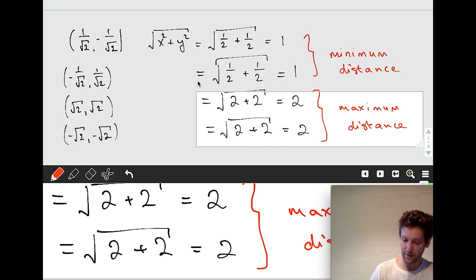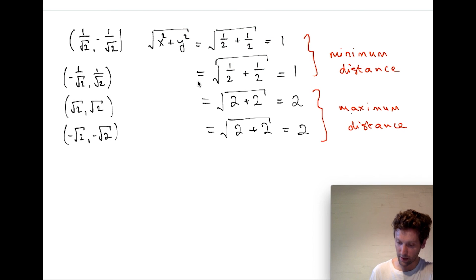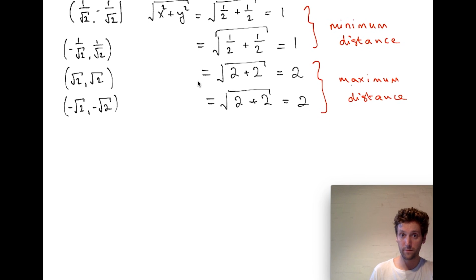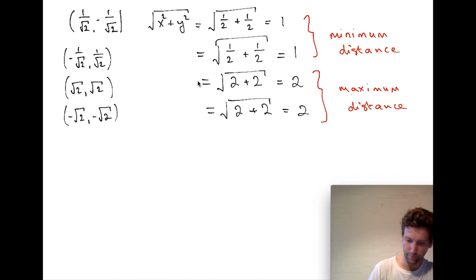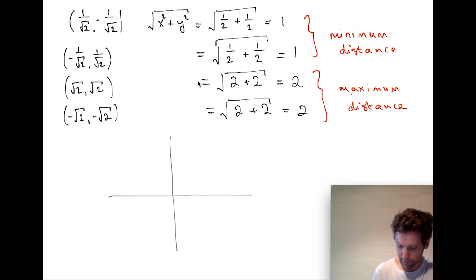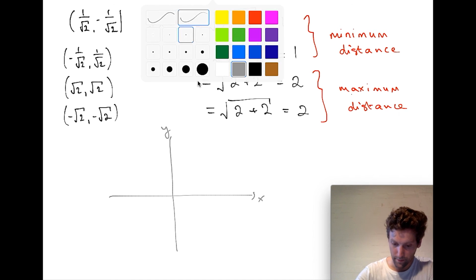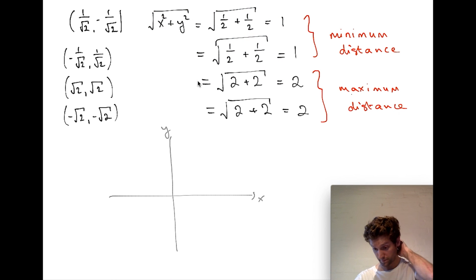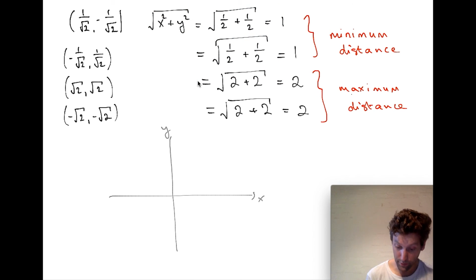So we can represent this now in our xy plane, draw a picture of what this actually looks like. So we've got x and y axis. I've got the point square root of 2, square root of 2, let's put that there. I've got minus the square root of 2, minus the square root of 2, let's put that there.